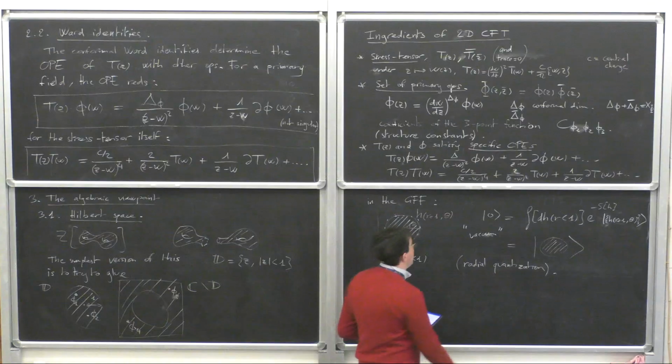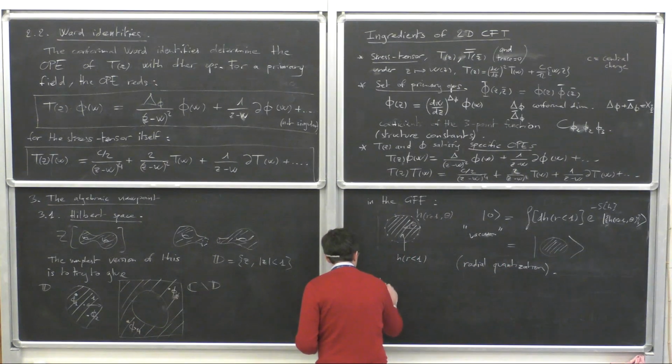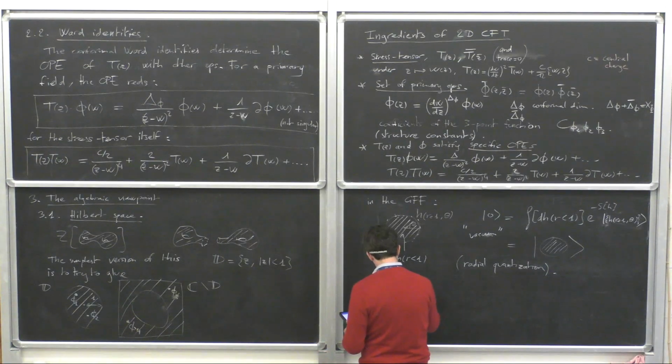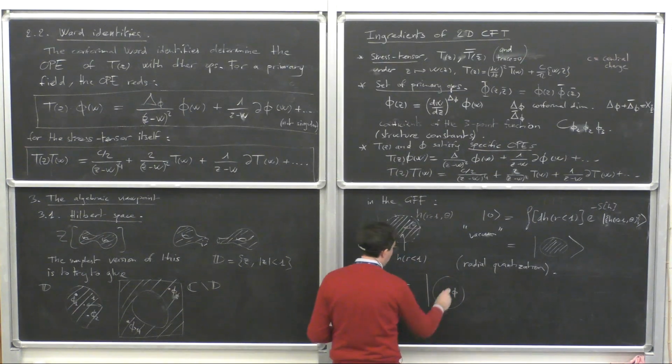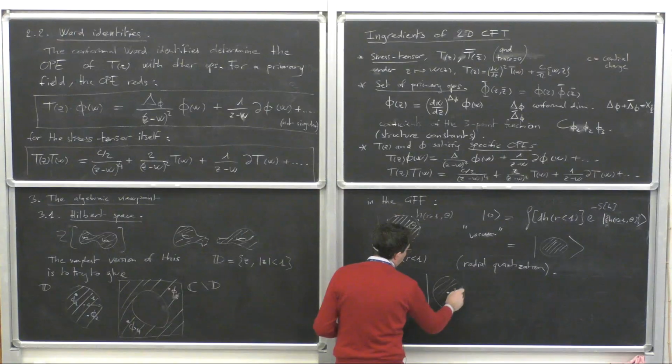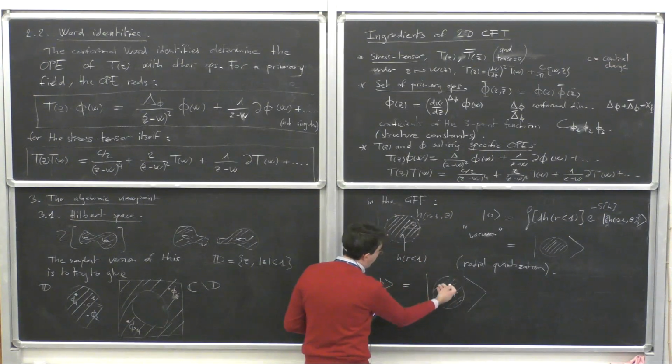And so this is now the vacuum, but we can also define fields phi corresponding to the primary operators as what would happen to this picture if we were inserting the primary field phi at the origin. So we insert a field phi at the origin. We integrate out all the degrees of freedom inside the disk.